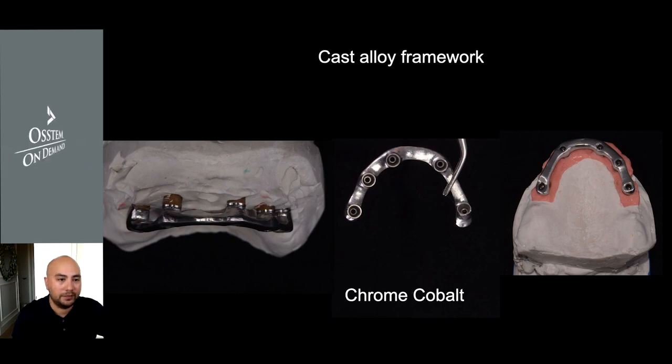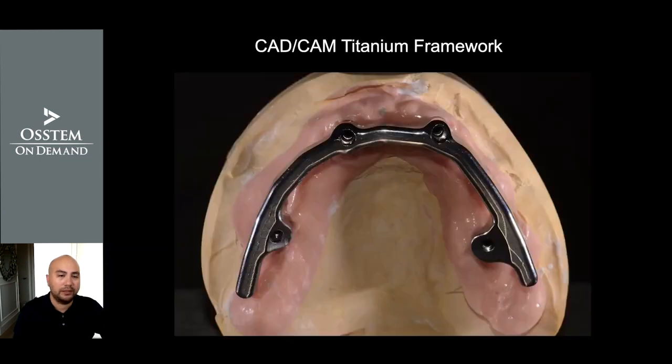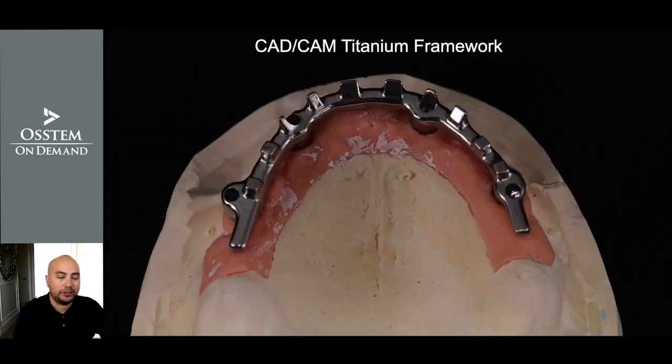And this is just a picture showing a chrome cobalt framework. And this is a titanium framework CAD/CAM design, which can have a smooth surface, or in this case some indentation to improve retention.